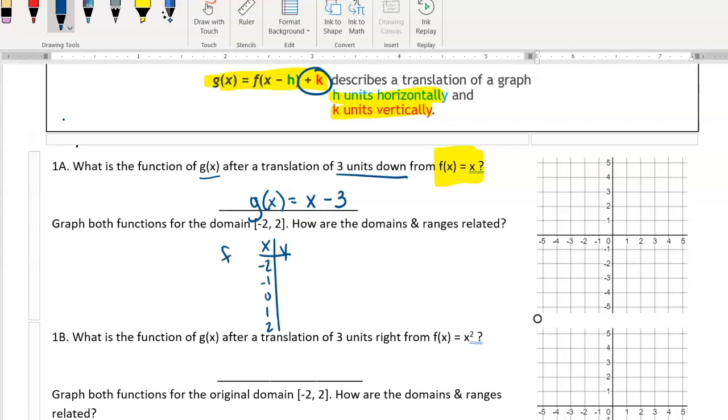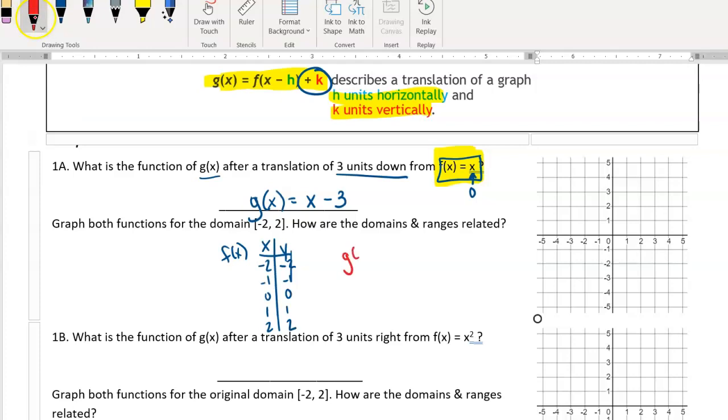Now when we do that for f of x, which remember is just f of x equals x, our input values are x. When we put those in, our answers are going to be the same. So when I input -2, my output is going to be -2. When I put -1 in for x, I get that my answer is going to be -1. Nothing changes. When I put 0 in there for x, again, nothing changes. So this is what we would get.